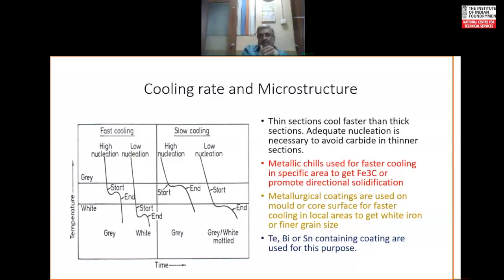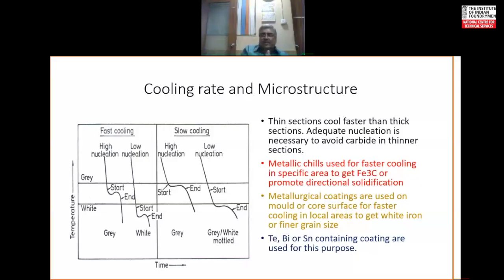So the cooling rates will suddenly increase in that local area, and with tellurium you will invariably land up with cementite, that is carbide, on the surface, and very undesirable forms of microstructure behind it.